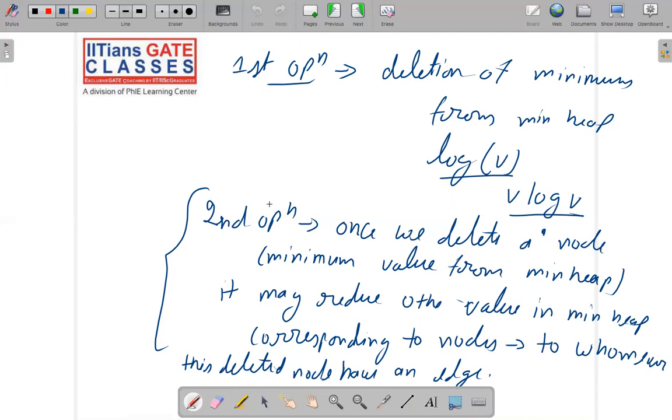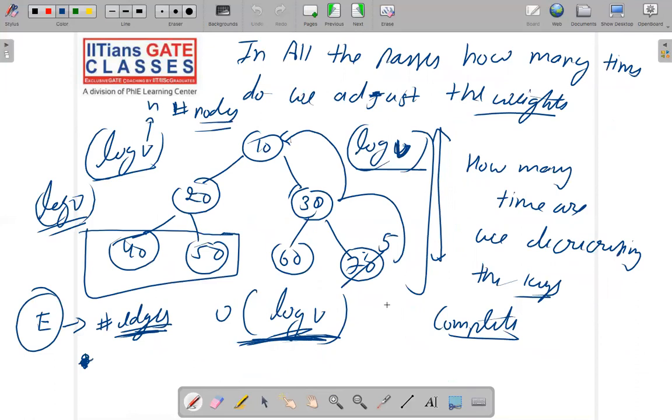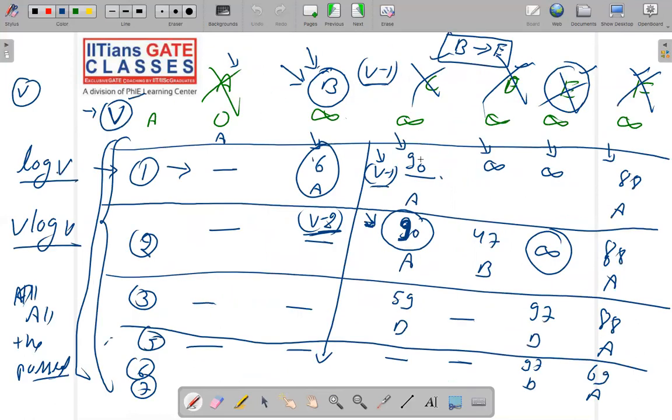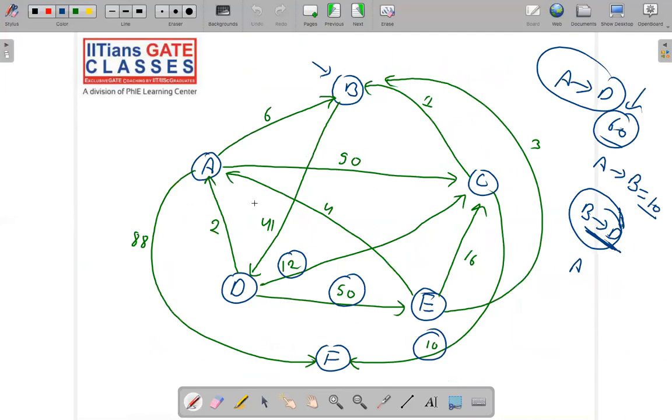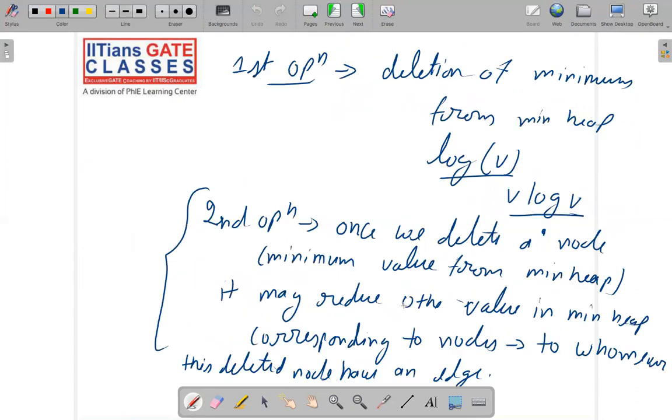The number of outgoing edges it has. B can lead to a decrease key operation of only one, B to D, because it has only one edge. If you talk about A, it can lead to A1, 2, and 3, D, 1 and 2. So we can conclude that if we add all the decrease key operations, it will be the number of edges.